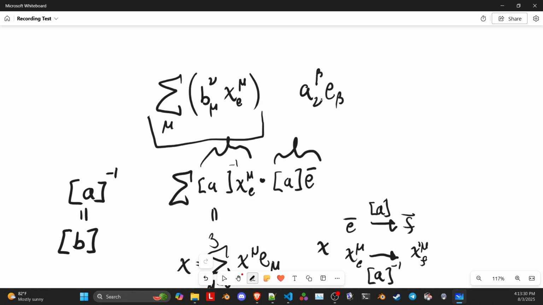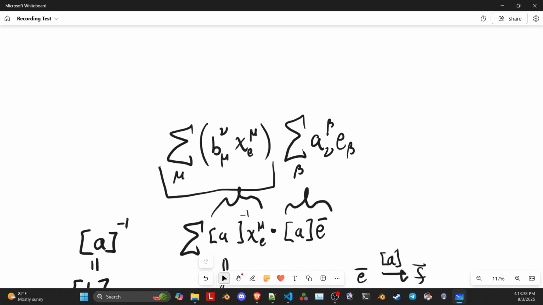And then I'll also use nu for a reason, well, you will see in a moment. So we remember before that these are just the x primes. And since we're summing over mu, and mu disappears, the result only depends on the index nu. And this is in the F frame for a given value of nu between 0 and 3.